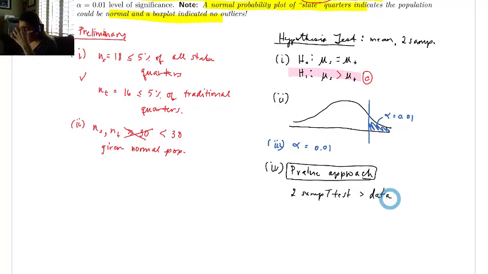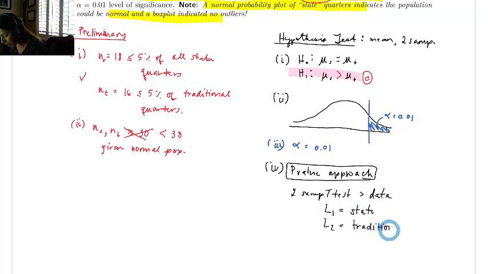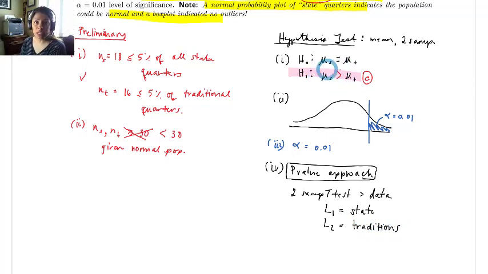And it's very important when you select your data that you understand that list 1 is my state quarters and list 2 is my traditional quarters. And the reason why I'm saying this is because recall your claim or alternative hypothesis depends on that. If you put traditional in list 1 and state in list 2, that changes your inequality.